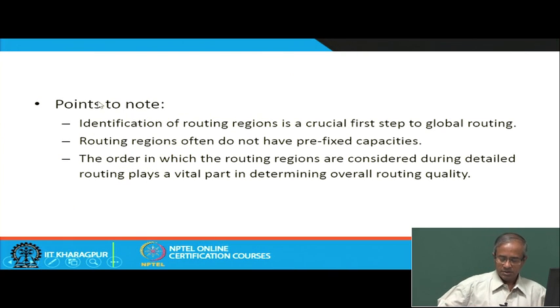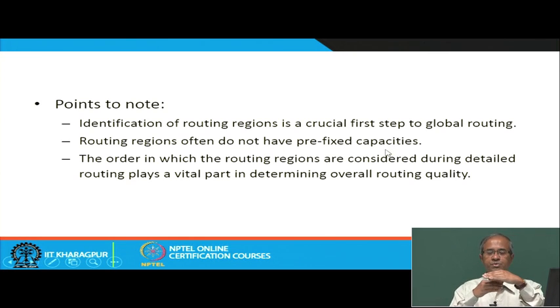So, the point to note is that during the global routing phase, the first important step is to identify the routing regions. We shall see later how routing regions can typically be identified, and routing regions for most of the design styles do not have prefixed capacities.